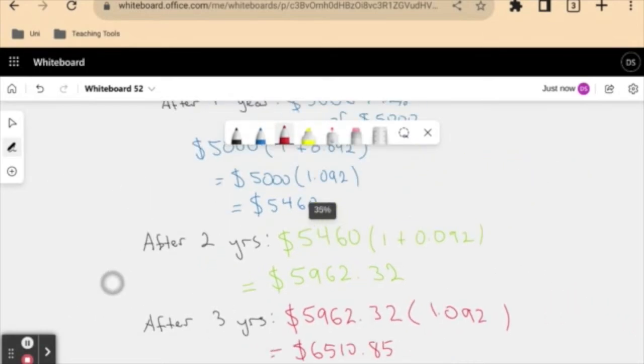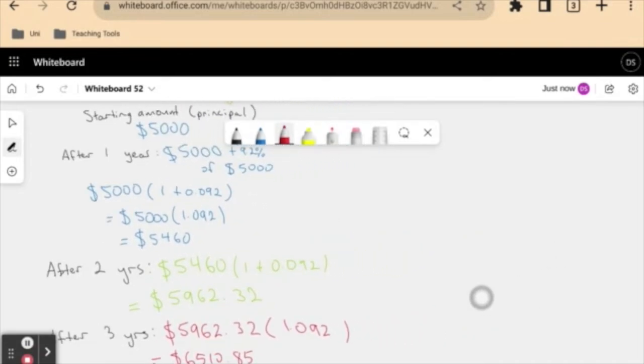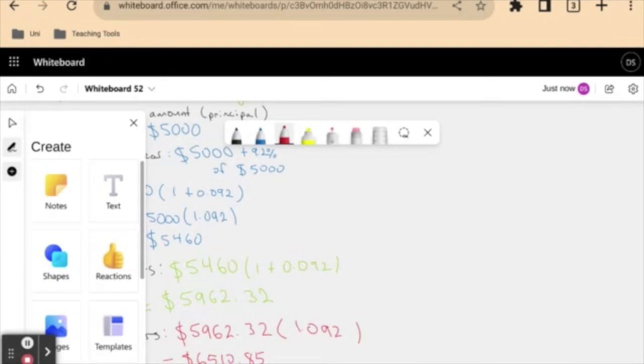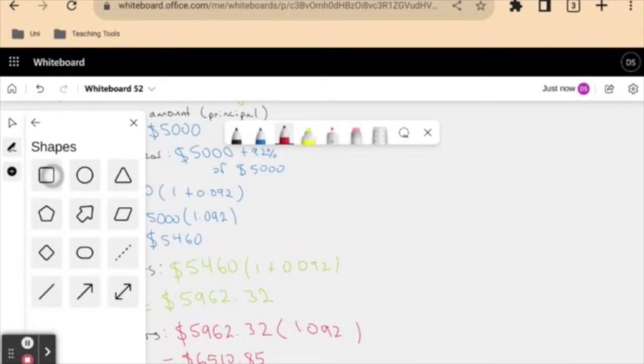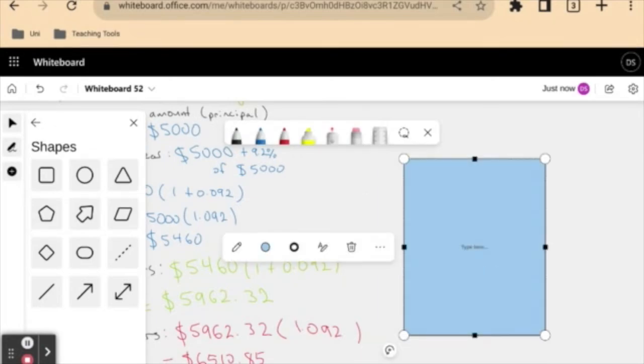So let's pause for a minute here. I'm going to zoom out and we're going to look at what happened in each of these time periods. And I'm actually going to draw a little table here, and we're going to just look at kind of what happened each time.